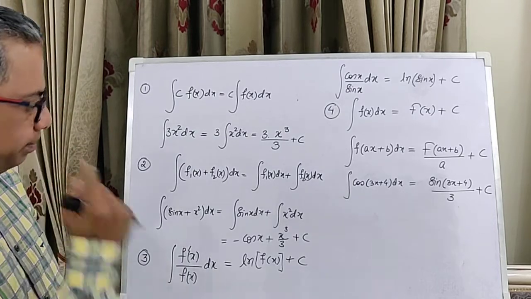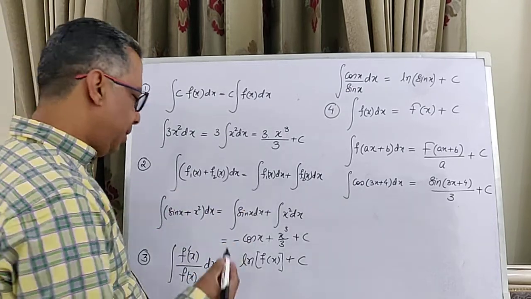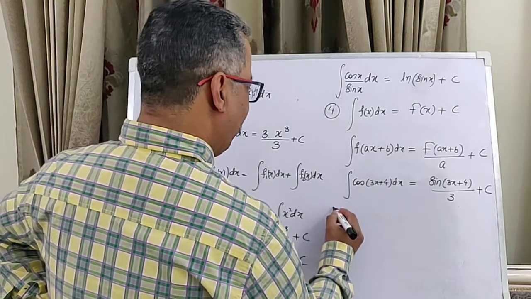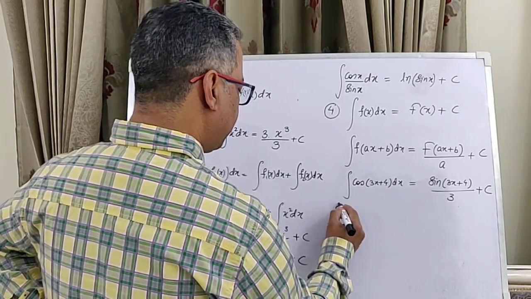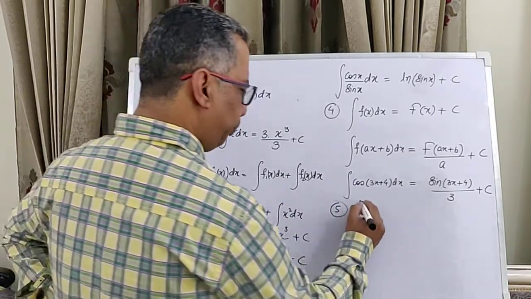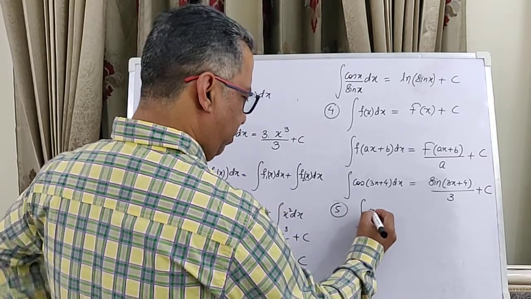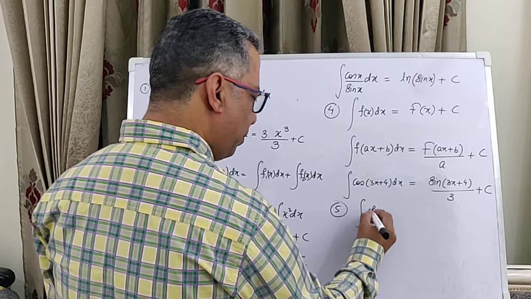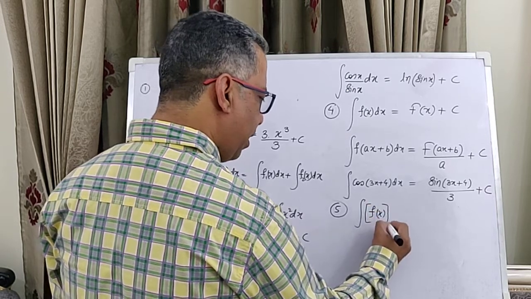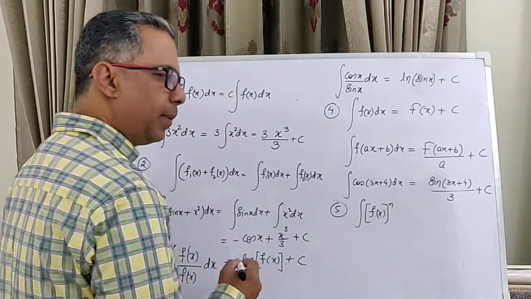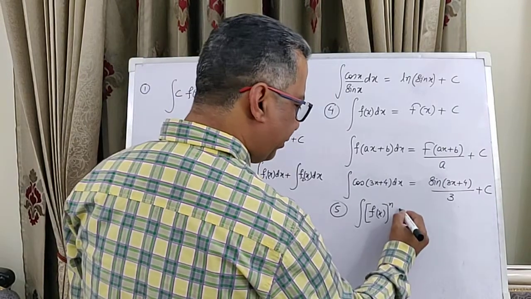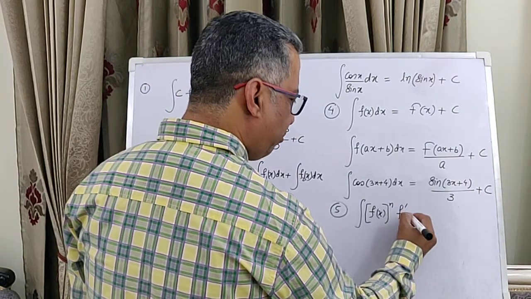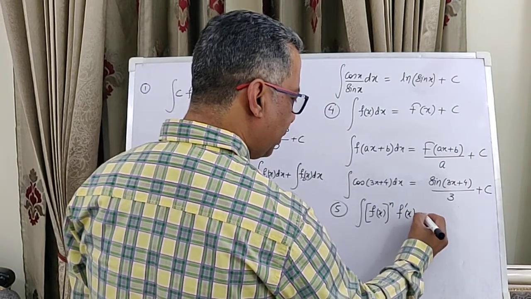So that's this model, or this rule you can say. And then one more, and this one's fairly simple again. You have a function f(x) raised to the power n, and then you have f'(x) dx.